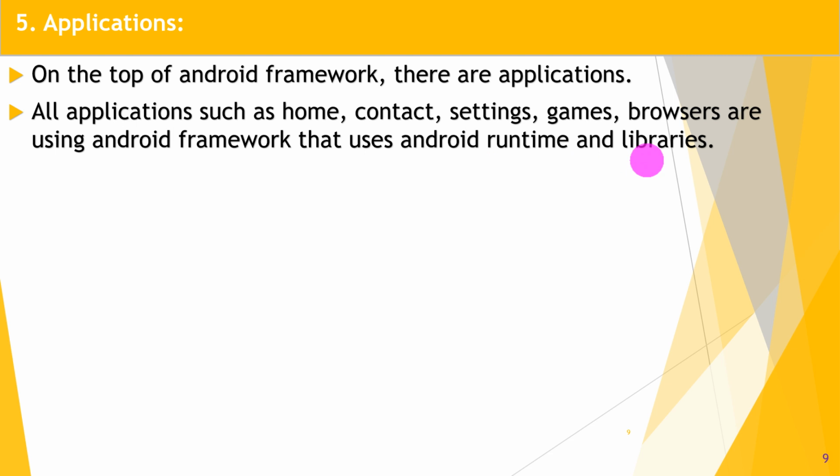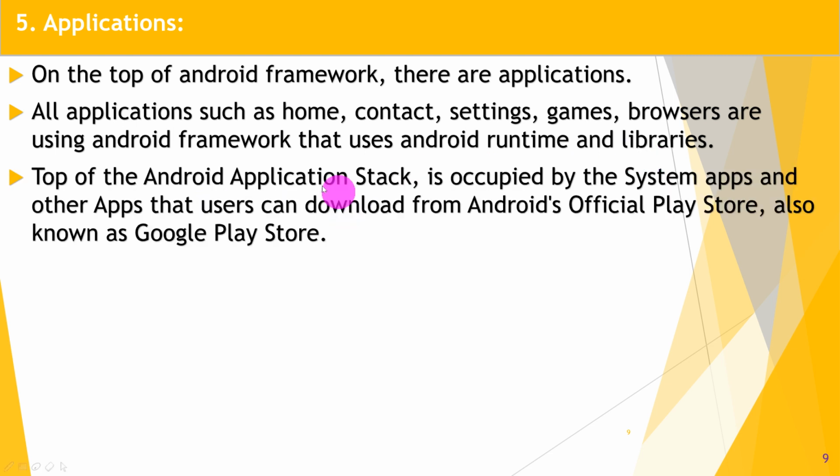All these are built-in apps available with our Android mobile phones. The top of the Android application stack is occupied by the system apps and other apps that users can download from Android's official Play Store, also known as Google Play Store. We know millions of apps are present on the Google Play Store, and we can download apps from there.